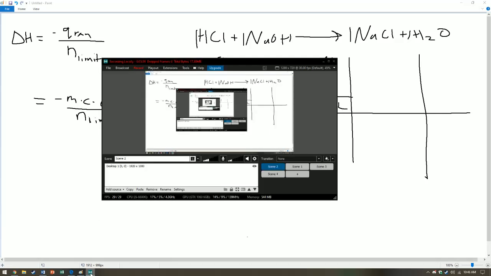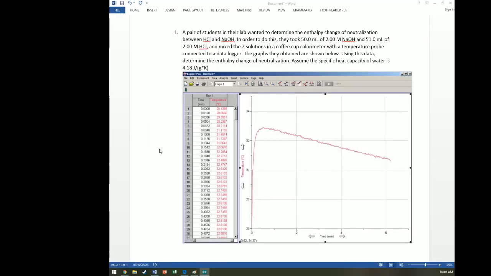Now let me switch back to the graph. We have to guesstimate our initial temperature, and it looks to be about 26, that's 27.